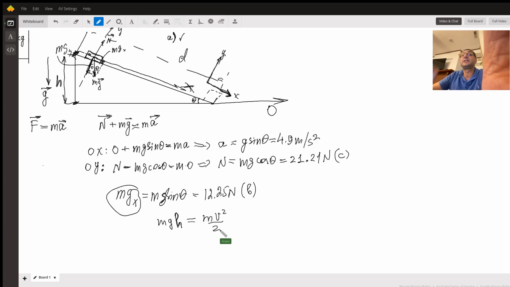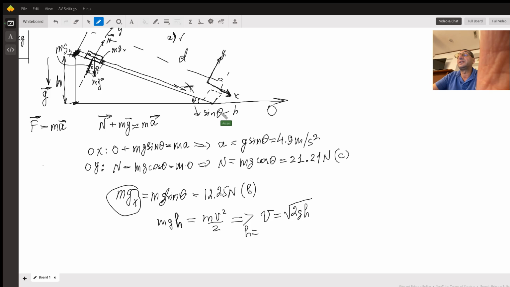Note that in the beginning, when the block was in this position, the initial speed is zero. From here it is easy to find v, which will be equal to the square root of 2gh. Of course, h you can find from this right-angle triangle, because sine theta equals h divided by d.